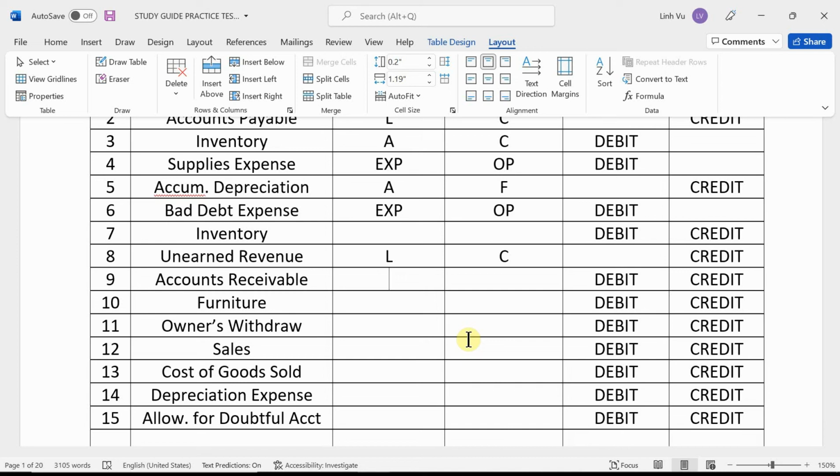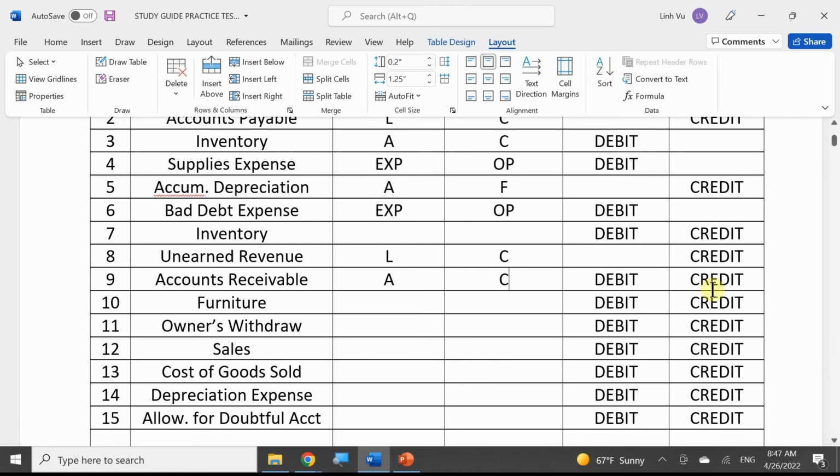Asset. Yes, right? Because it's money that your customers owe you, so you can claim that money almost instantly. Still current. It'd be current, yeah. And what kind of balance would this have? Debit. Good.